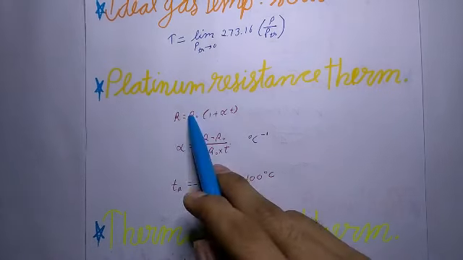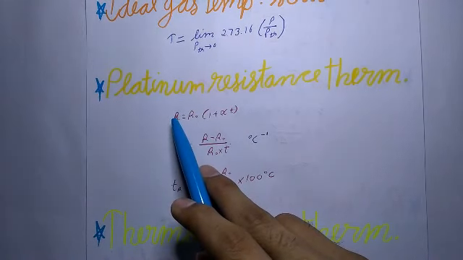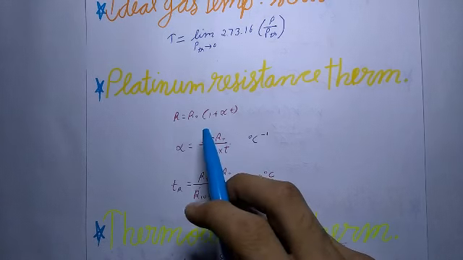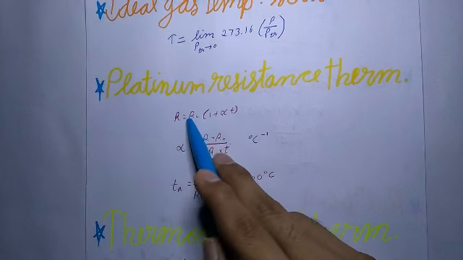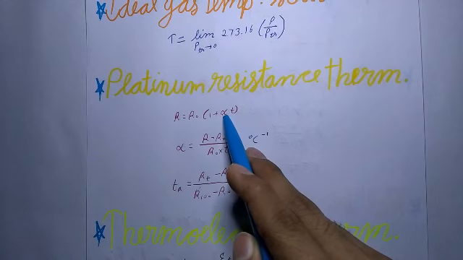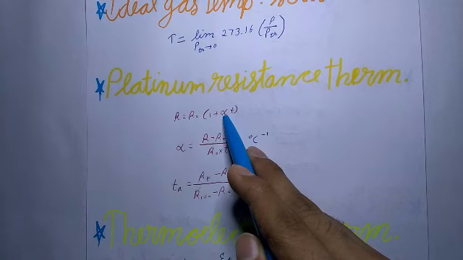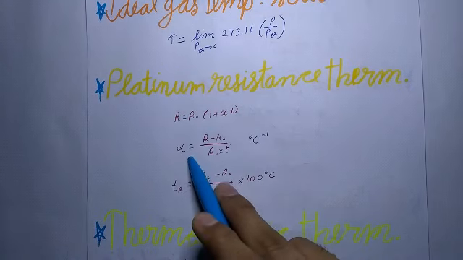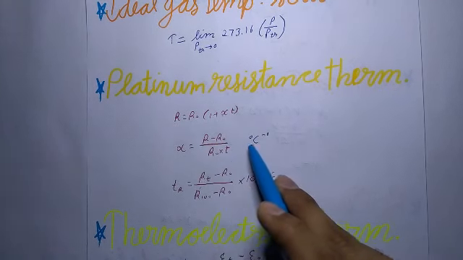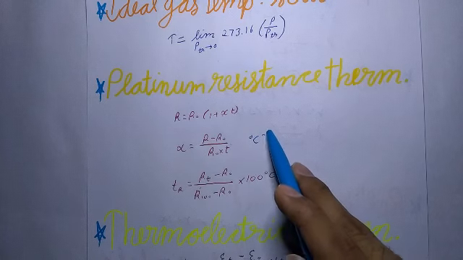If R0 and R are the resistance at 0 degrees Celsius and T degrees Celsius respectively, then we can write R will be equal to R0 in the bracket 1 plus alpha T. Here this alpha is the temperature coefficient of the resistance of the platinum and is defined as the increase in the resistance per unit resistance at 0 degree Celsius for 1 degree Celsius rise in the temperature, and alpha is equal to R minus R0 upon R0 into T, and unit of alpha is degrees Celsius inverse.